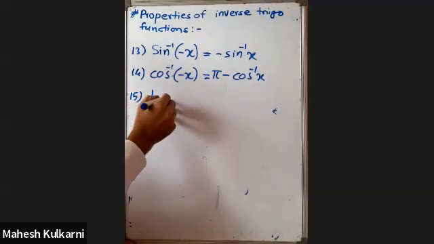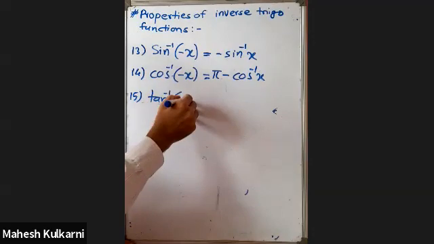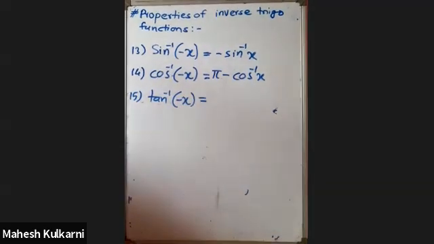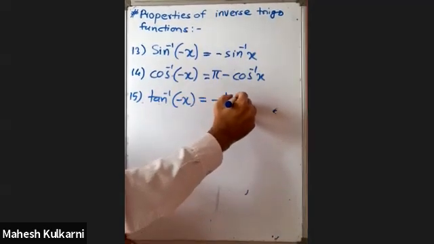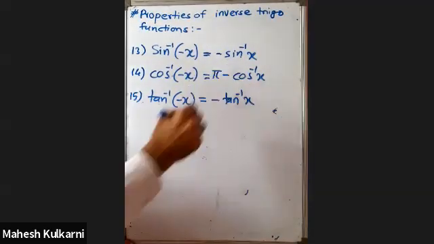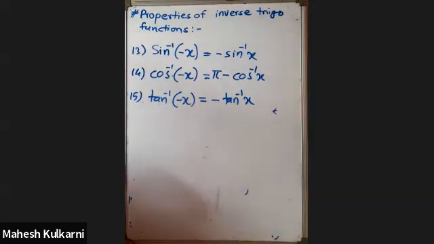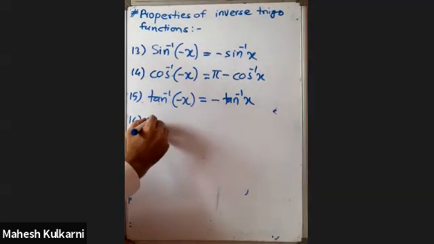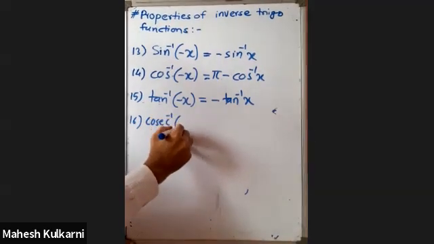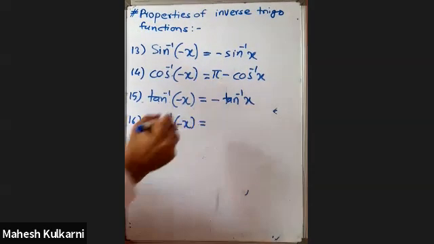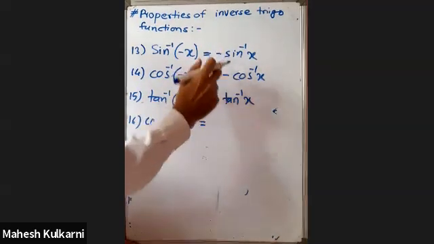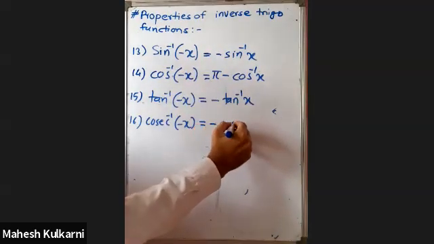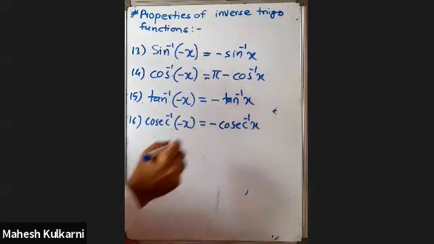Next is tan inverse of minus x. Tan inverse of minus x is minus of tan inverse x. Cosec inverse of minus x is similar to this. It is minus of cosec inverse x.